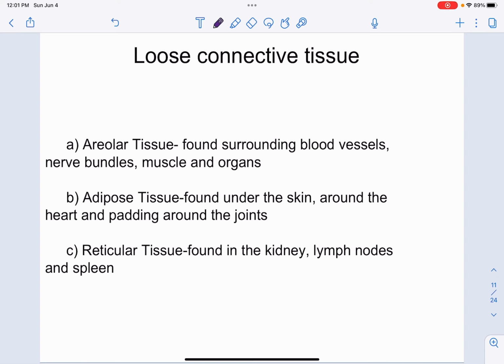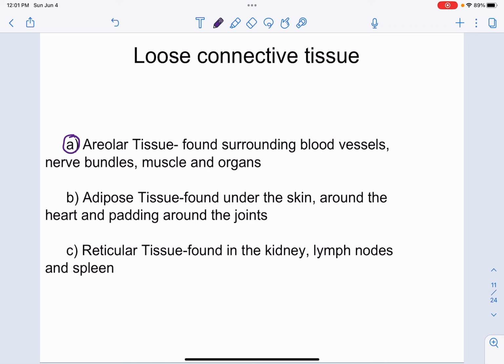All right, the first one is called areolar connective tissue. And it's always important to be able to recognize the type of connective tissue that you're looking at. So be able to name it if you see it. Be able to describe some of the features and or functions, and also, as always, be able to identify a location where you would find this particular connective tissue.